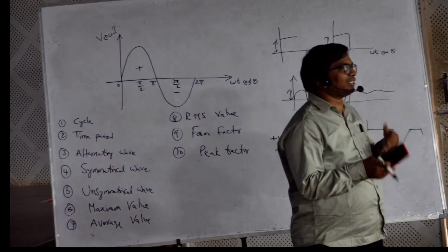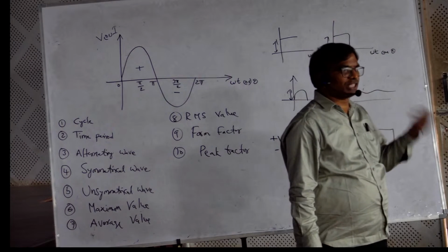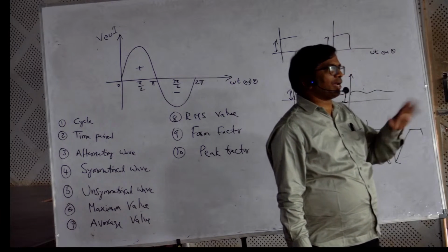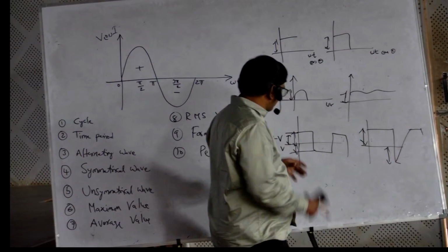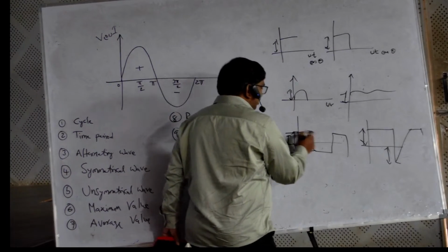Alternating is nothing but changing. What is changing? The magnitude is changing between positive and negative. Here we get a positive value, what is the value, V, with respect to time.